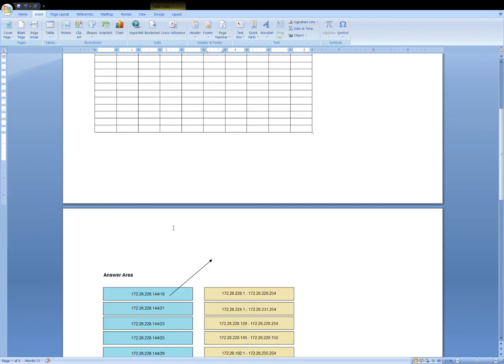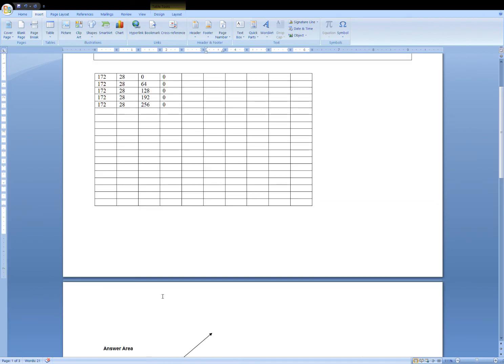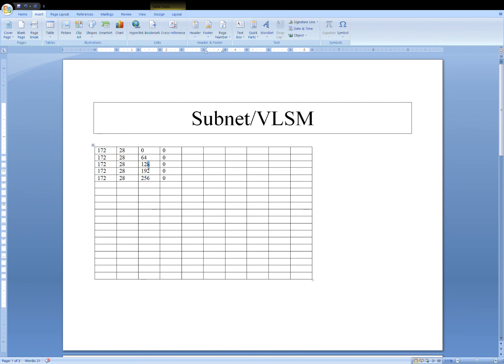I'm looking for 228 in the third octet. Well, that's bigger than 192, and it's less than 256. That's why I kept it there. So that tells me that the network I'm looking for is this network.